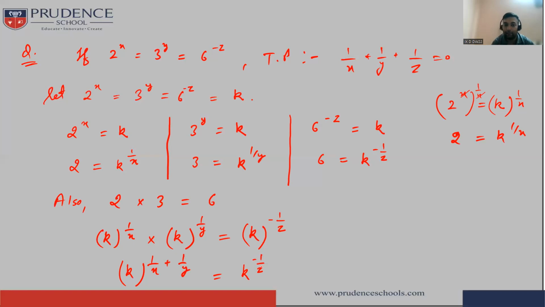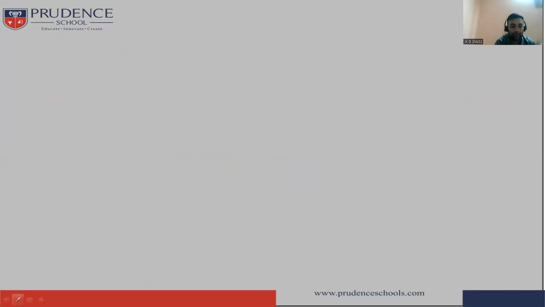And now we can compare the values here. Bases equal हैं और दोनों में equality है. So by comparing, 1 upon x plus 1 upon y should be equal to -1 upon z.